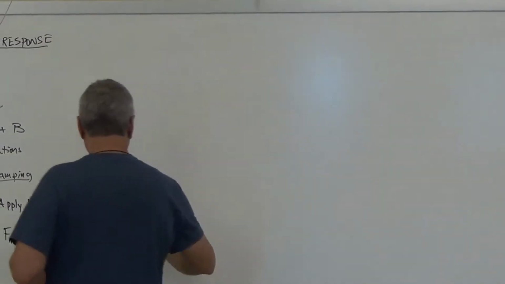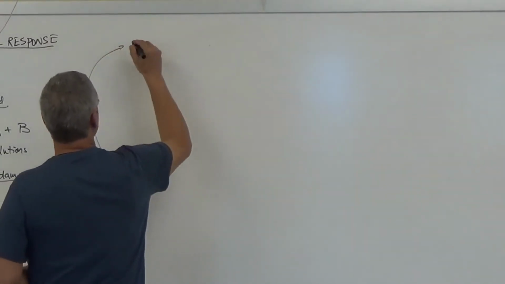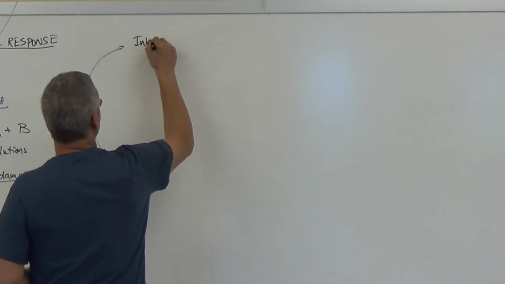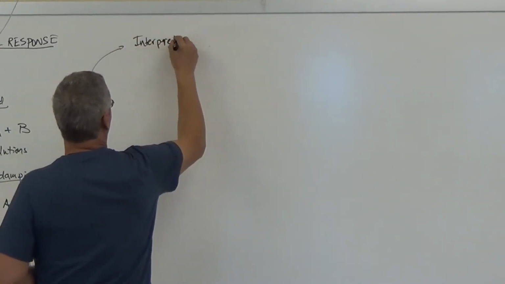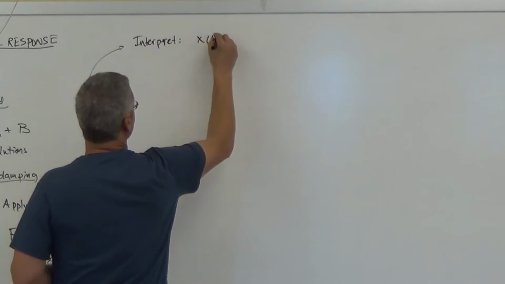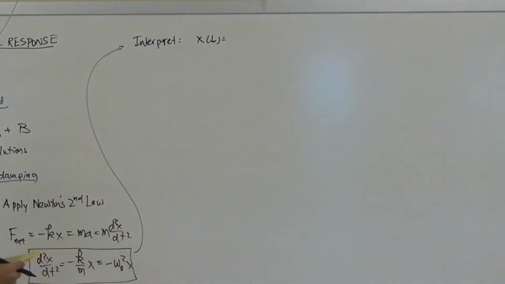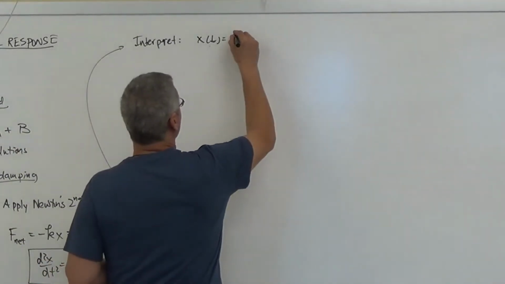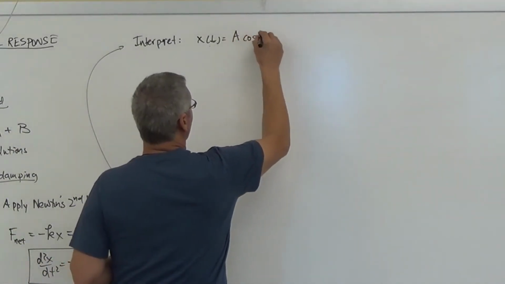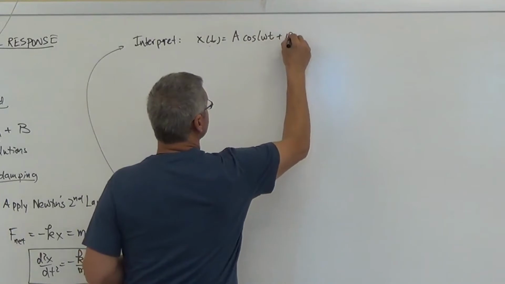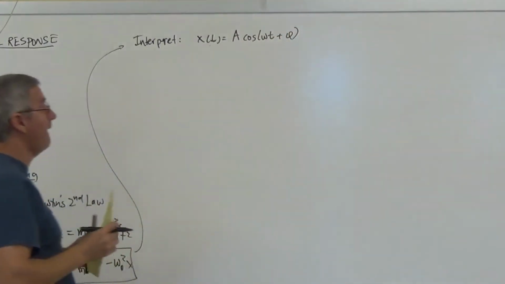You'll have a solution that they typically write as cosine omega t plus this phase constant.